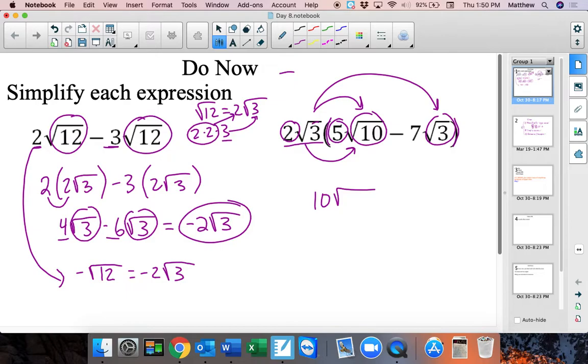Inside times inside, the 3 times the 10 gives me 30. Minus this term times this term. Outside times outside gives me 14. The 2 times the 7. Inside times inside, well, root 3 times root 3 is just 3. So I have 10 root 30 minus 42 is 14 times 3.